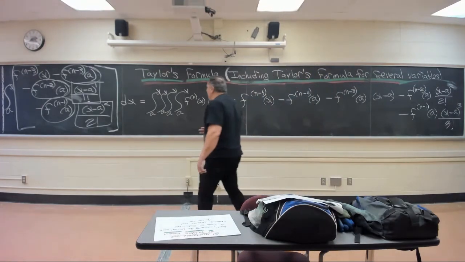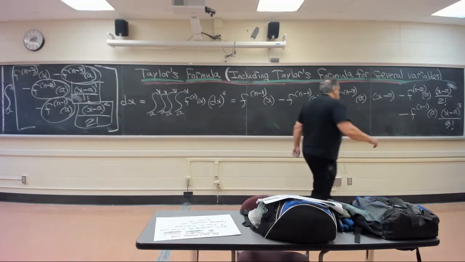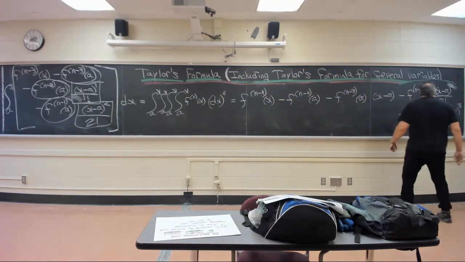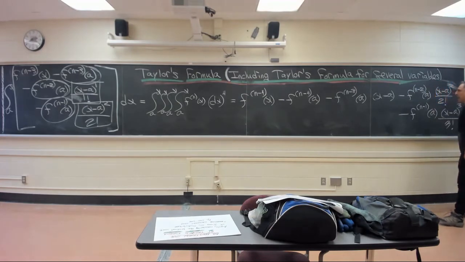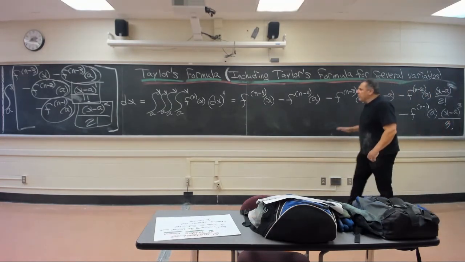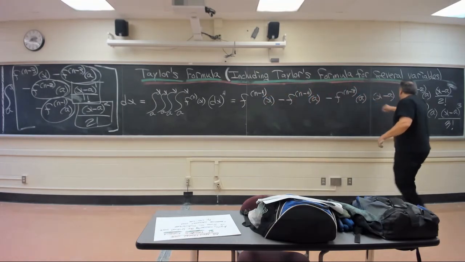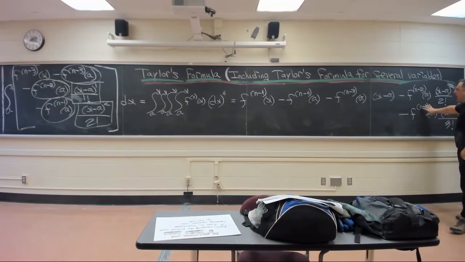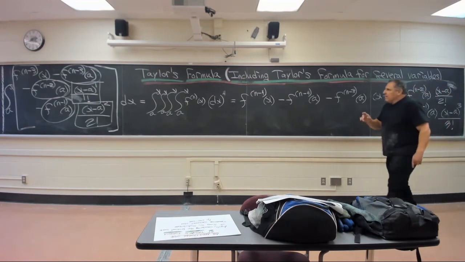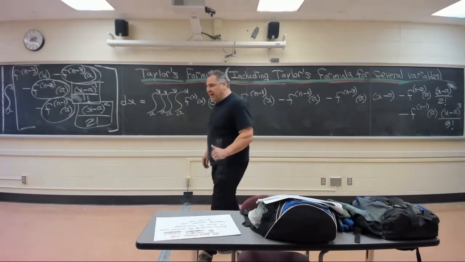Whatever, you're doing 4 integrals, and it's knocking down: n minus 4 present, n minus 3 present, n minus 2 present, n minus 1 present. 4, 3, 2, 1, that's 4 integrals. It goes from n minus 4 to n minus 1.